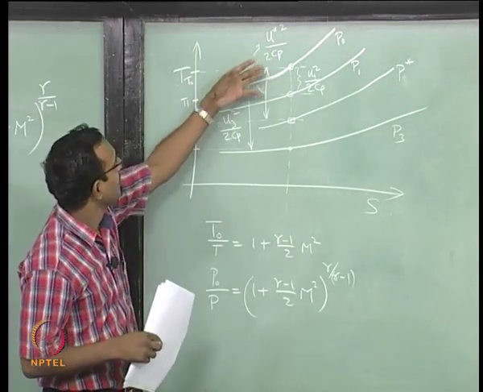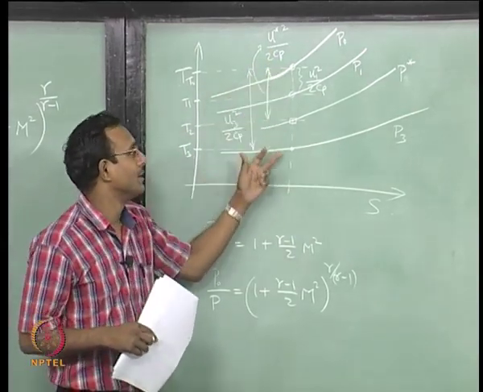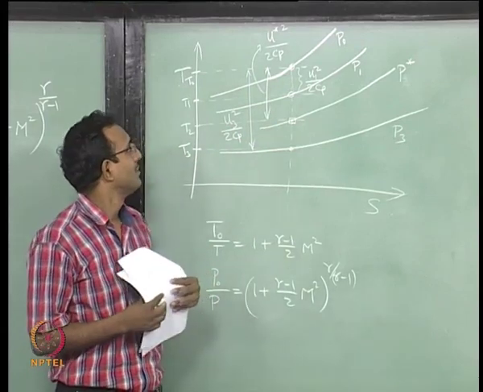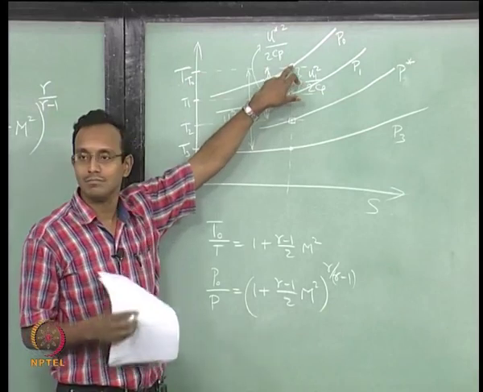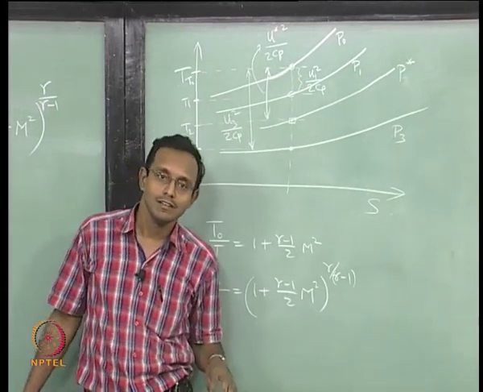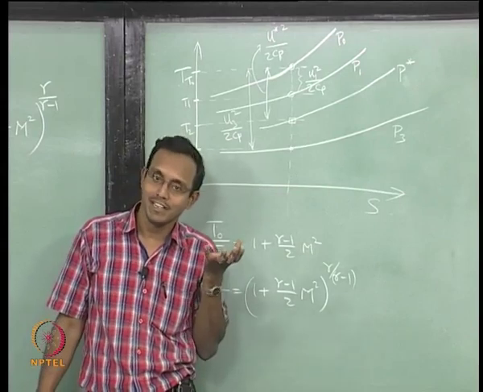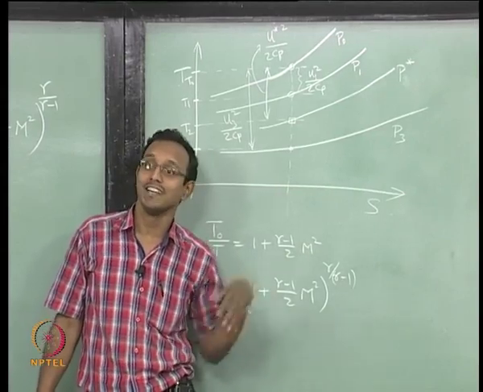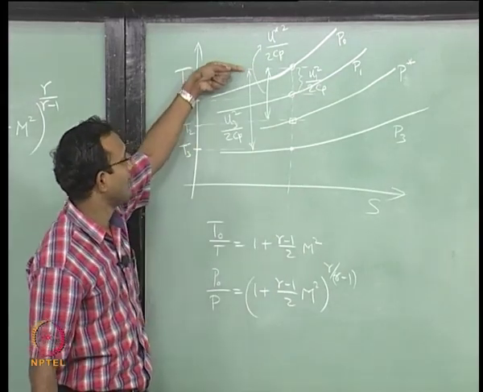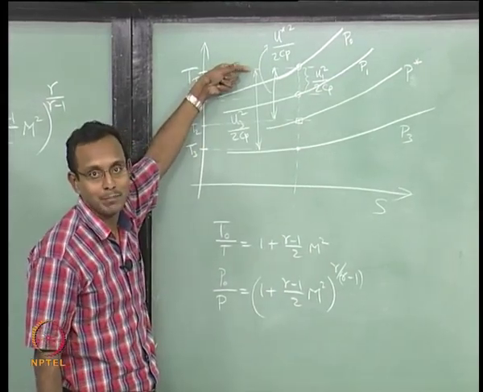What is essentially happening in this whole process of accelerating the fluid? I have net energy so much. What is happening to it? It is converting temperature energy into kinetic energy. Initially, it had all temperature energy, internal energy, enthalpy.